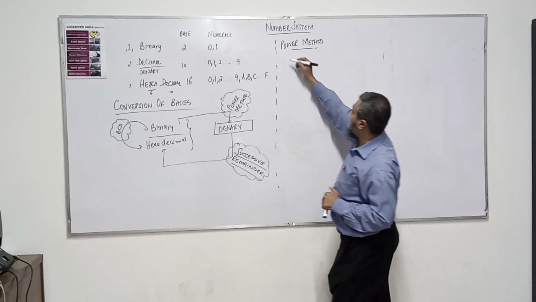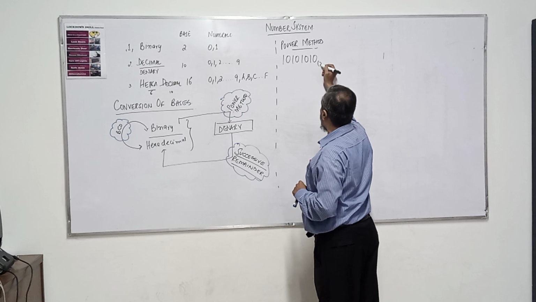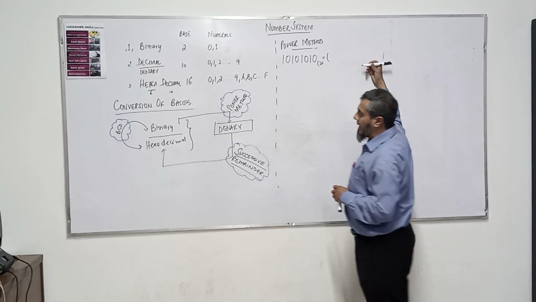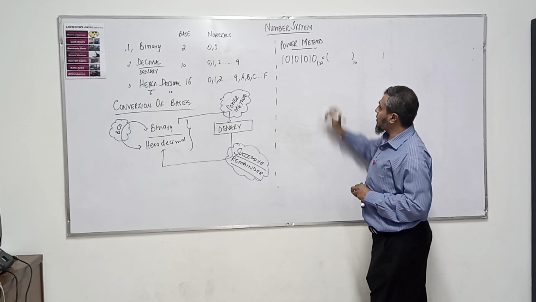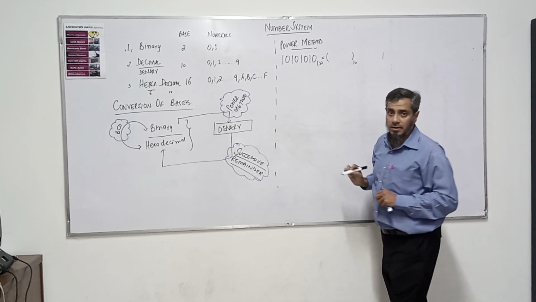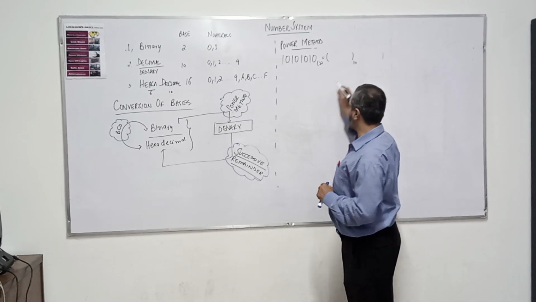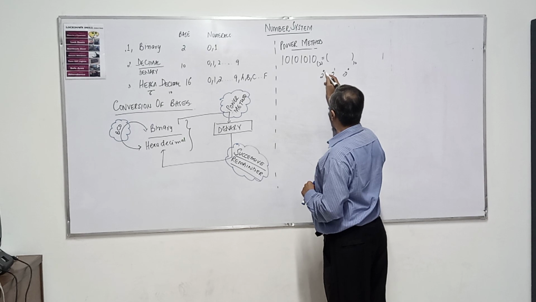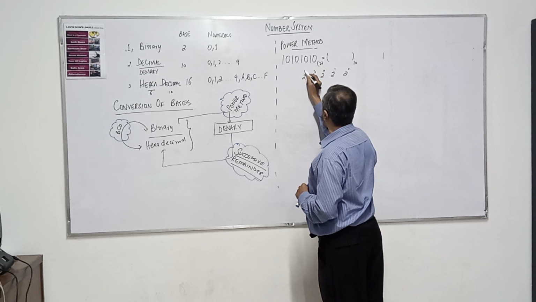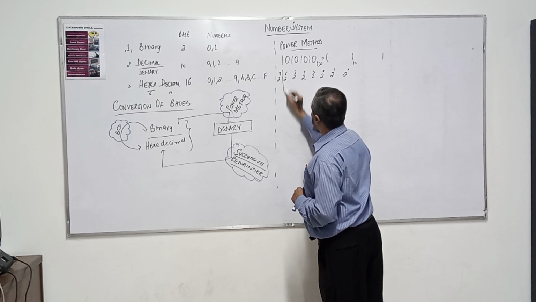For example, I have a value 10101010 of base 2 and I want to convert it to denary, that is base 10. So I use this power method, in the form of powers. For example, 2 raised to power 0, 2 raised to power 1, 2 raised to power 2, 2 raised to power 3, 2 raised to power 4, 5, 6 and 7.